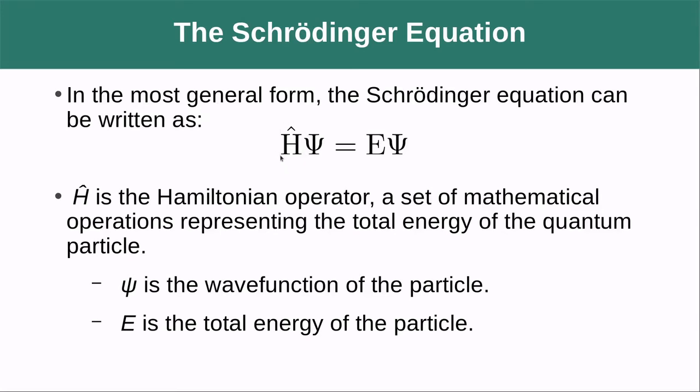And you can think of an operator as just a set of instructions, mathematical instructions, you know, add this, subtract that, multiply this, that you're going to perform on your wave function. And what you're going to get out of that is the energy, so a constant value that is the energy, times the wave function.